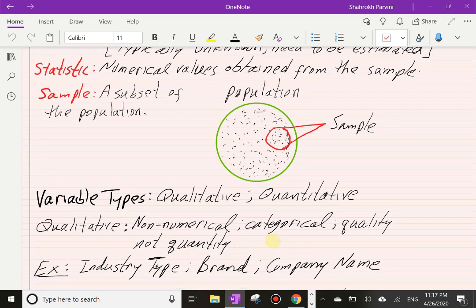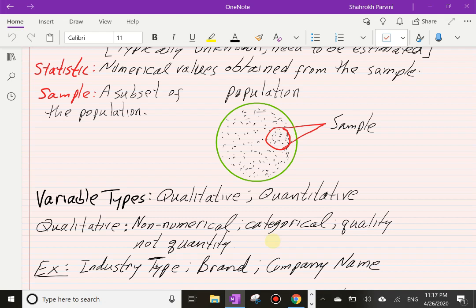So examples of these could be industry type, let's say retail, energy, financial, technology. These are just sector types, right? Industry types. It could be a brand for something. It could be a brand of clothing, it could be a brand of cosmetics, it could be a brand of luxury purses, it could be whatever, but these are simply names.